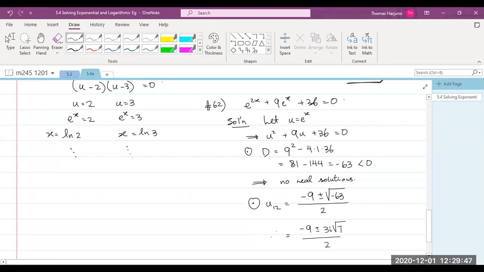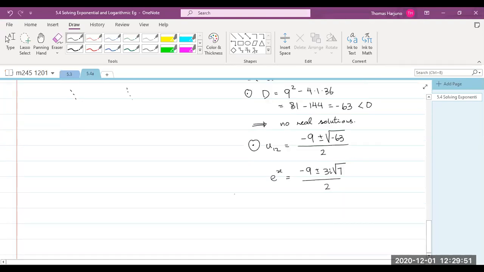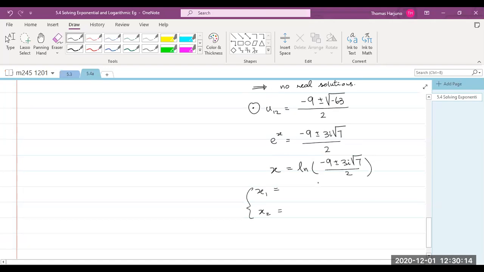But that's e to the x, right? So x will be natural log of negative 9 plus or minus 3i square root of 7 over 2. So you have two solutions there, x1 and x2. But none of these are real numbers. That's the problem.